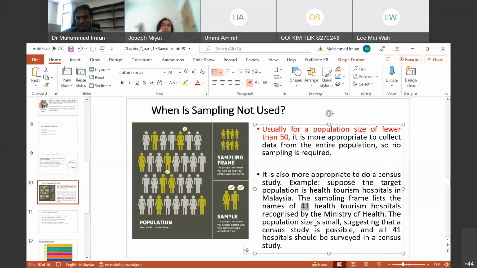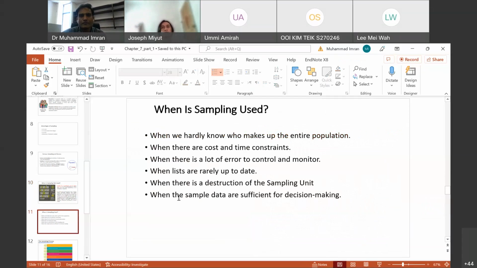The population size is small, suggesting that a census study is possible and all 41 hospitals should be surveyed. Okay, in what cases can we go for a sample? When is sampling used? If the population is big, maybe 1,000.